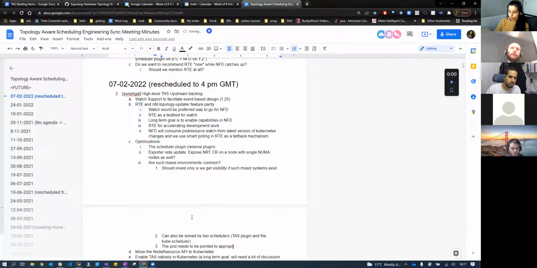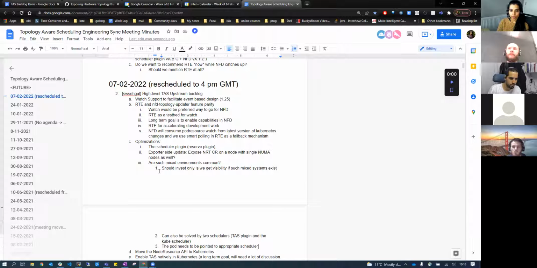Okay. I agree with Alexei. Maybe I'm missing something, but Swati, according to your example, it sounds like having this optimization will require additional work, but with the current implementation, the scheduler plugin has also an NRT object which represents only single NUMA nodes.